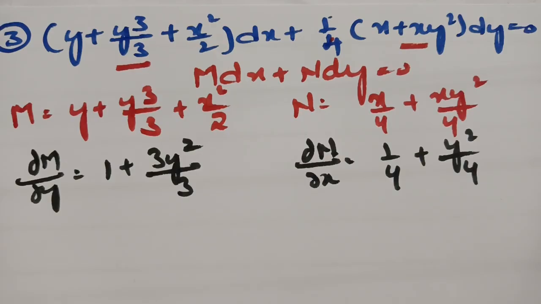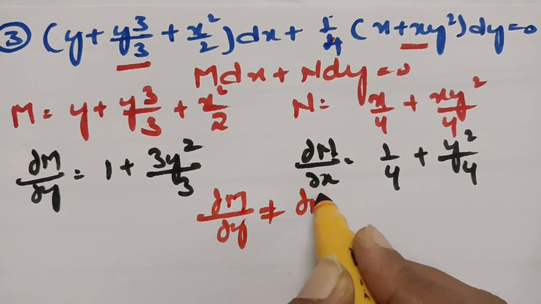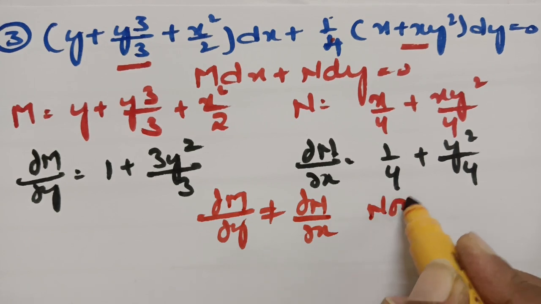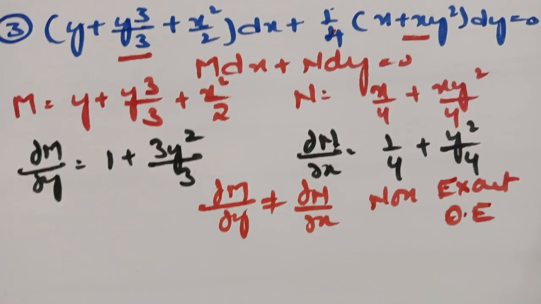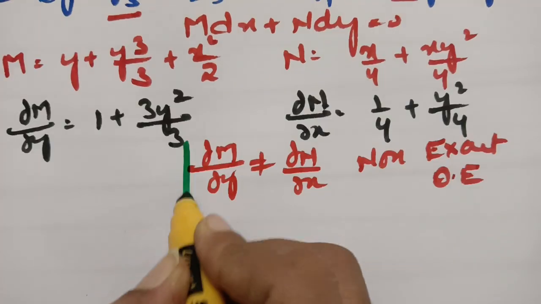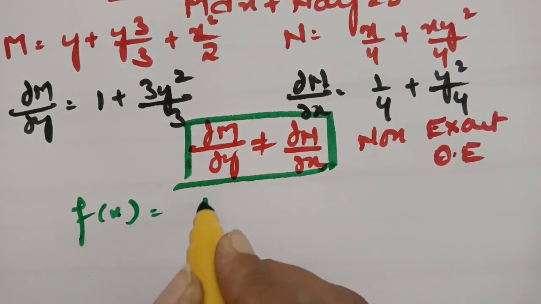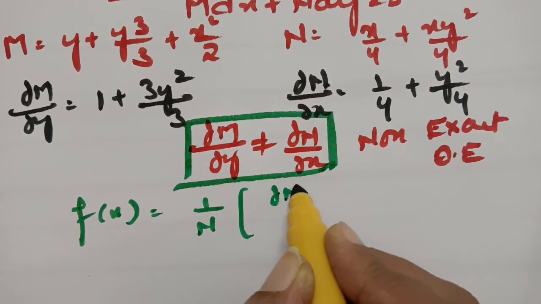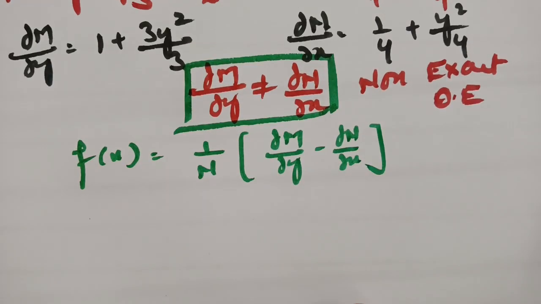The fourth method: as you can observe, ∂m/∂y is not equal to ∂n/∂x, and the equation is non-exact. As it is a non-exact differential equation, we have to find an integrating factor. The integrating factor I am going to choose is f(x) = (1/n)(∂m/∂y − ∂n/∂x).